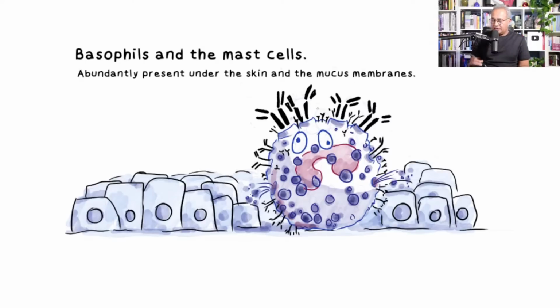So the mast cells are abundantly present under the skin and mucous membranes. So when they degranulate, when they become upset, of course, the simplest thing they would do is urticarias and hives, itching, burning skin. And the worst is shock, anaphylactic shock, even causing death.